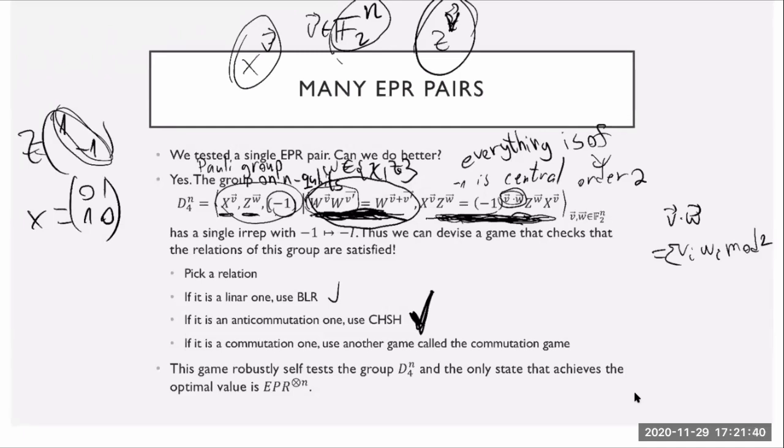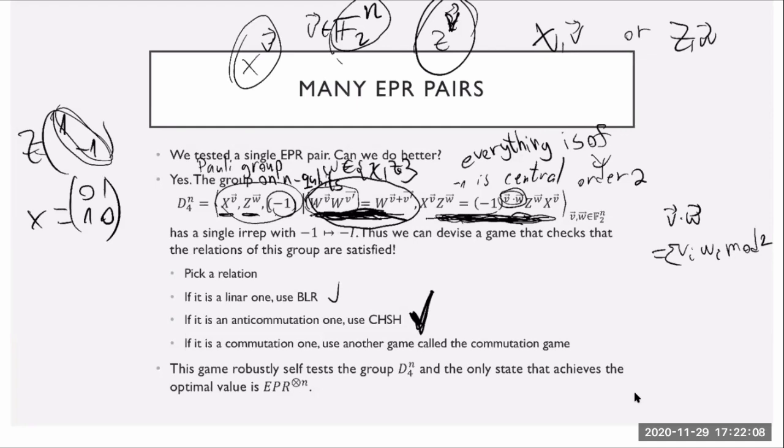You are correct that I'm sending questions of the form X, V, or Z, W. These are possible questions to the players, and I can maybe even send a few of them.